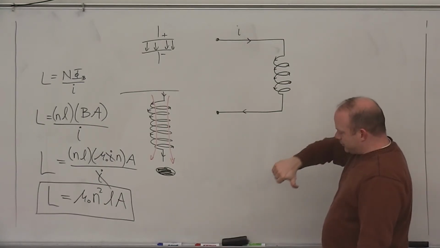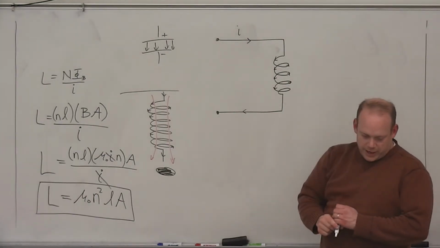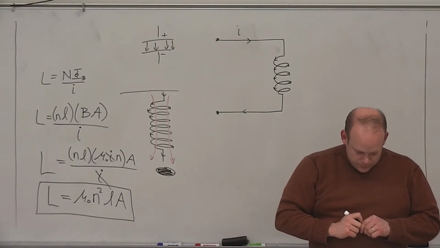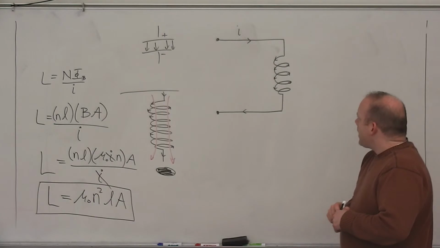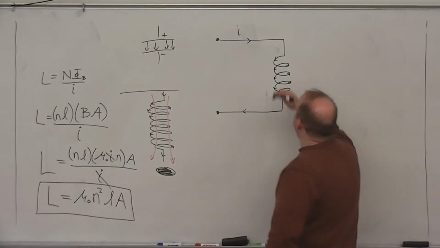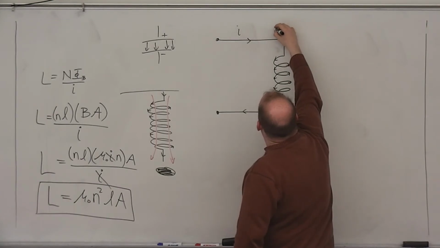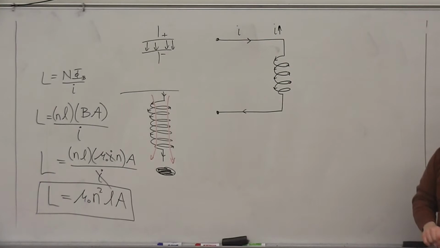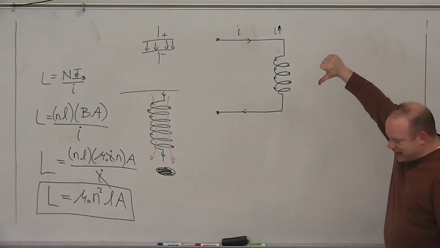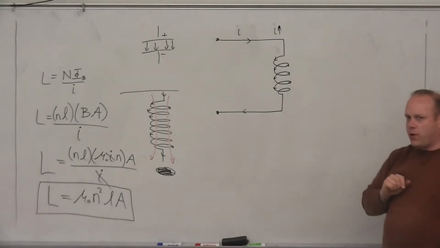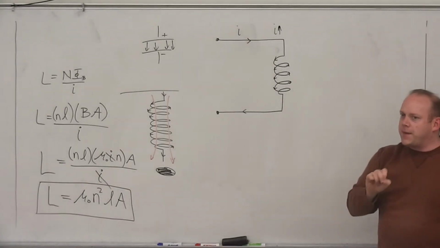So as that wraps around, magnetic field is produced in that direction. Now, if all of a sudden I start to go up, current is increasing, that would mean that there'd be a magnetic field that's increasing going down, running through the center of these coils. They don't want that change.